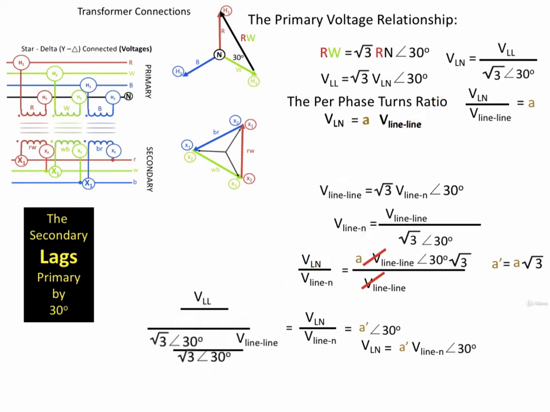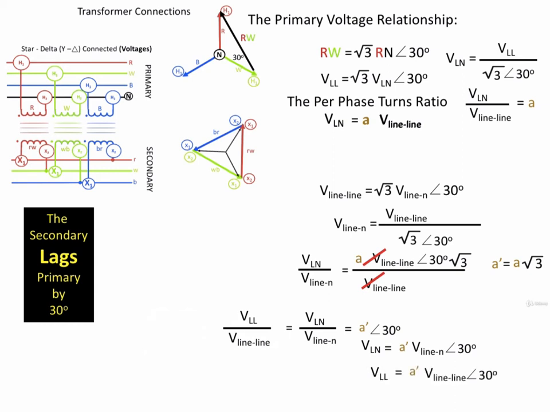And I'm just going to make that fraction simpler by moving the denominators around, and I'm left with this equation, which has a common element in both the numerator and denominator now, which we can cancel out, and that leaves us with the primary line-to-line voltage over the secondary line-to-line voltage is equal to the voltage line-to-neutral primary all over the voltage line-to-neutral secondary, and both of those are equal to A primed at 30 degrees.